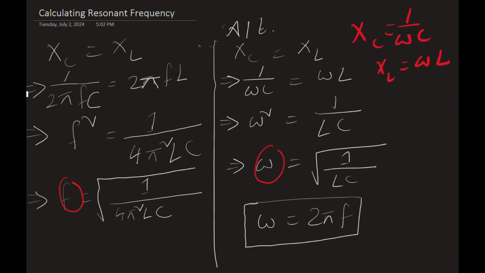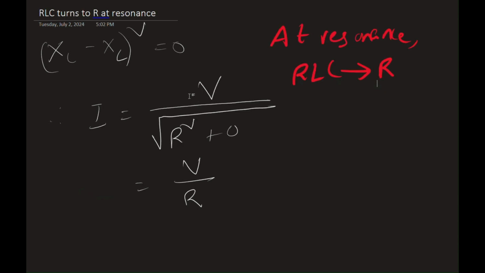Now at resonance, since we derived that (XC minus XL) whole squared is equal to 0, this is what we have at resonance. So that means in Ohm's law, we have I is equal to V over the root of R squared plus 0. This is where (XC minus XL) whole squared used to be, but since that is 0, we put 0.